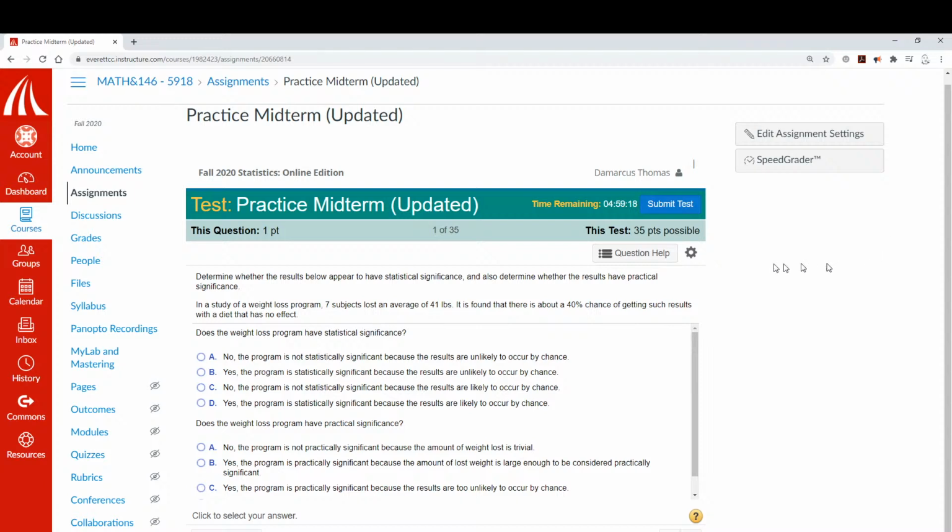So for the first one, it says determine whether the results, and this is a chapter 1 type of problem. Determine whether the results below appear to have statistical significance, and also determine whether the results have practical significance.